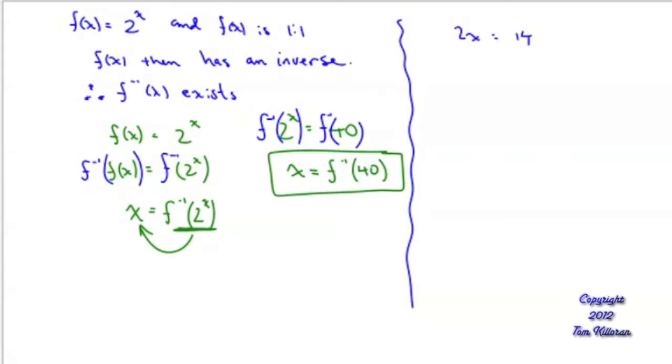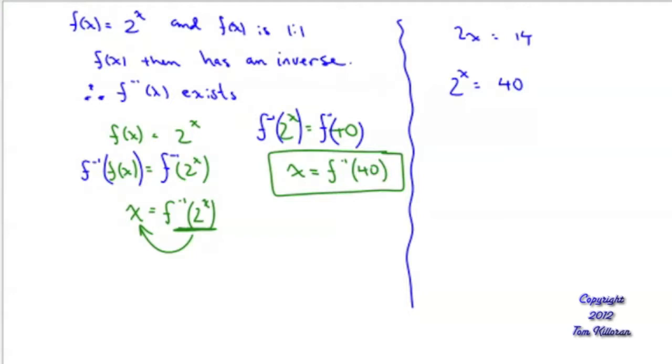So if I have 2 to the x is equal to 40, this is 2 raised to some power is equal to 40. How would I undo it? What kind of language would I use? Don't think of it as a function. You want to think of it as just language.